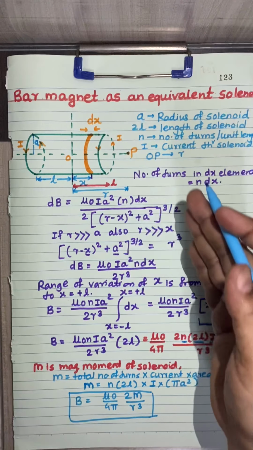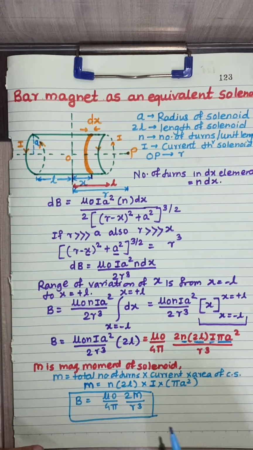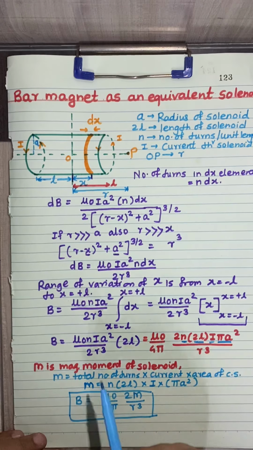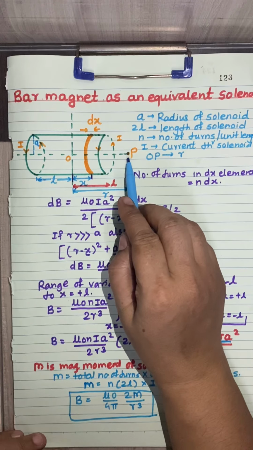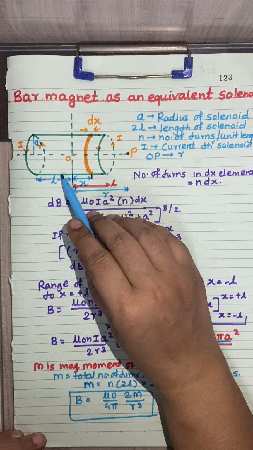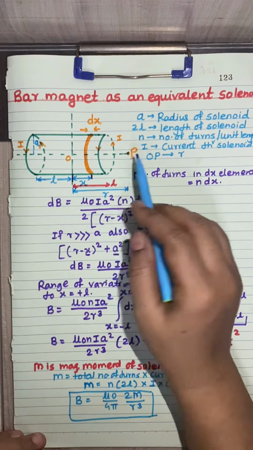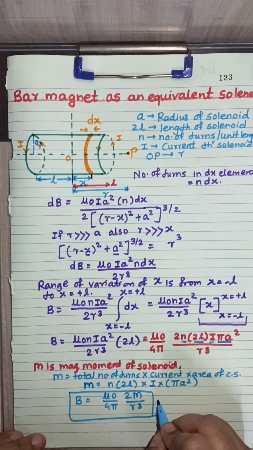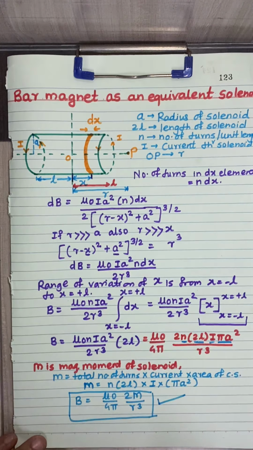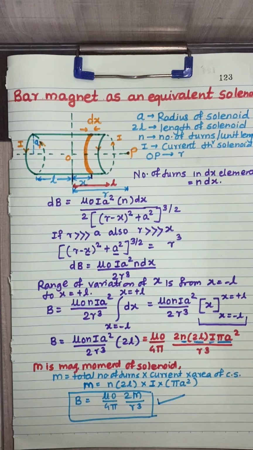So in this way we can derive the expression to find out the net magnetic field produced on the axial line by the solenoid, which is equivalent to the magnetic field produced at the point due to a bar magnet. Okay, so this is the basic expression for the bar magnet as well as the solenoid also.